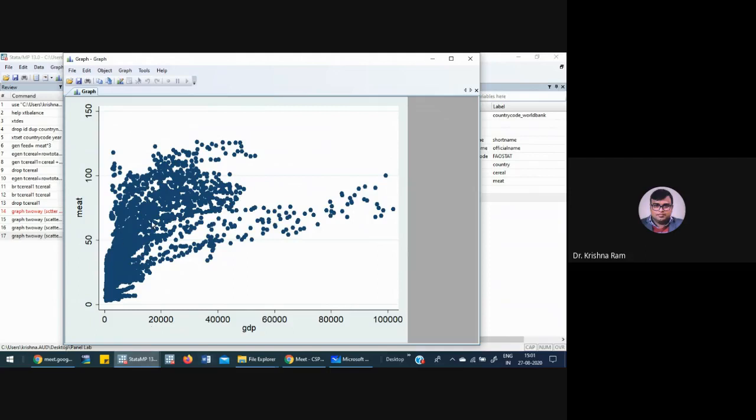So with the rise in income, there is a rise in meat consumption, and at every level, of course, the relationship is not monotonic, particularly with this country. But if you remove this country, then you will get an almost monotonic relationship between meat consumption and income.